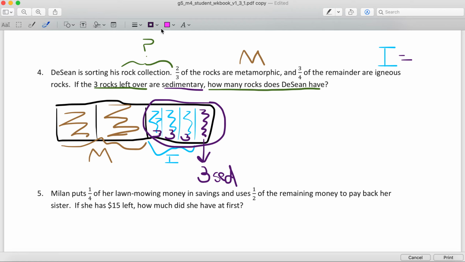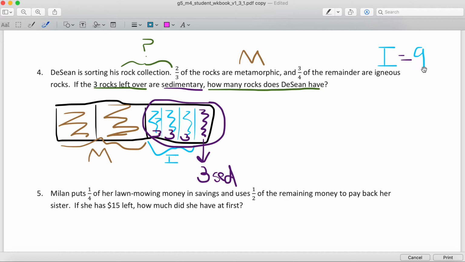Is everybody with me on that one? This was actually 9 rocks. Now, they didn't even ask us for that, but we will need that in order to figure them all out. So this was 9. So altogether, 3 plus the 9 gives us what? That gives us 12.